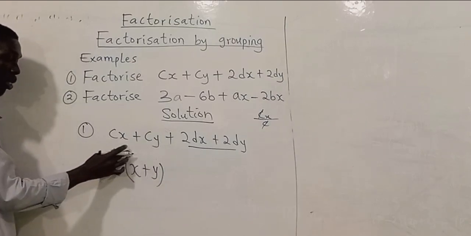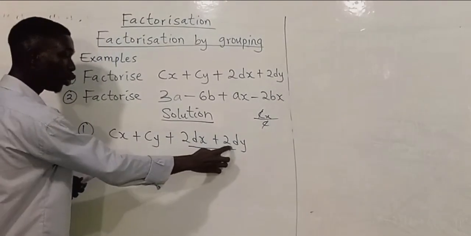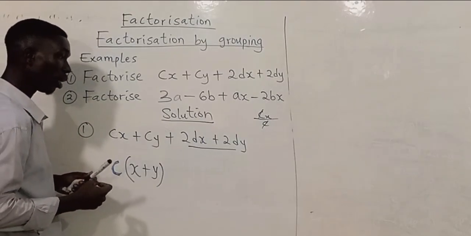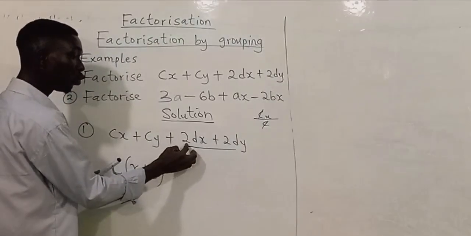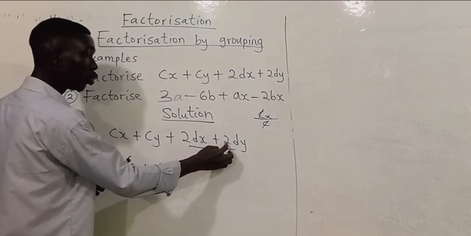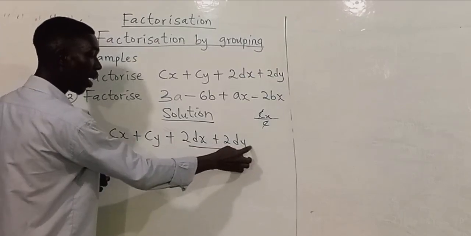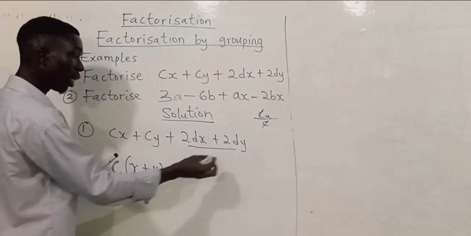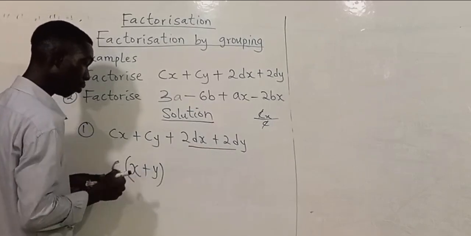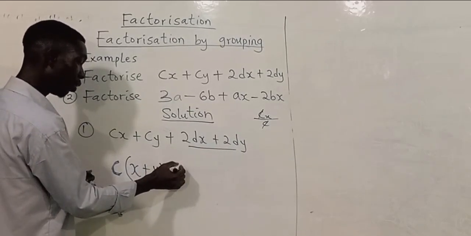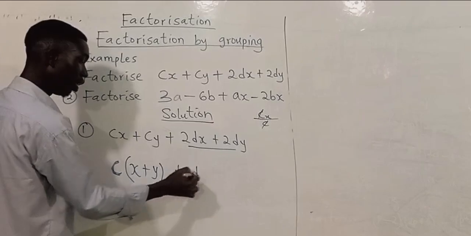So we are done with these 2. We proceed to the other 2. We look at these 2 terms. What is the HCF of 2dx plus 2dy? The highest common factor is 2d.